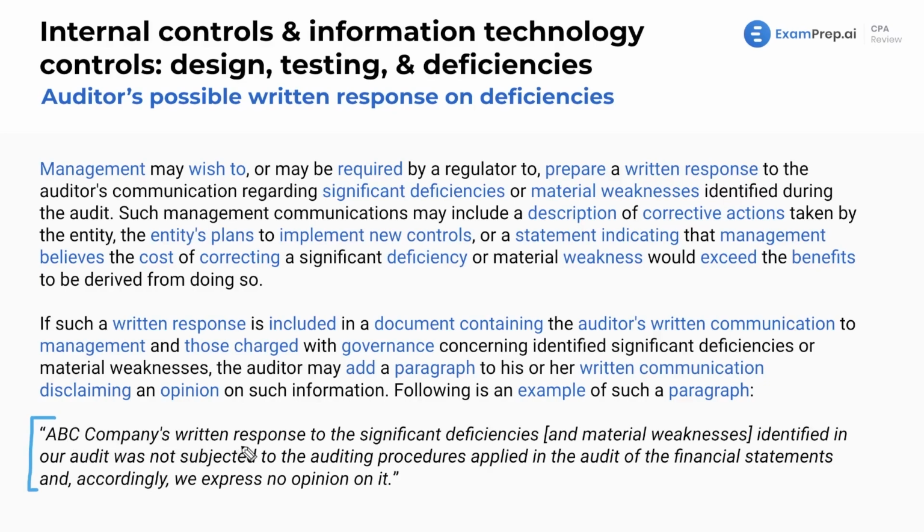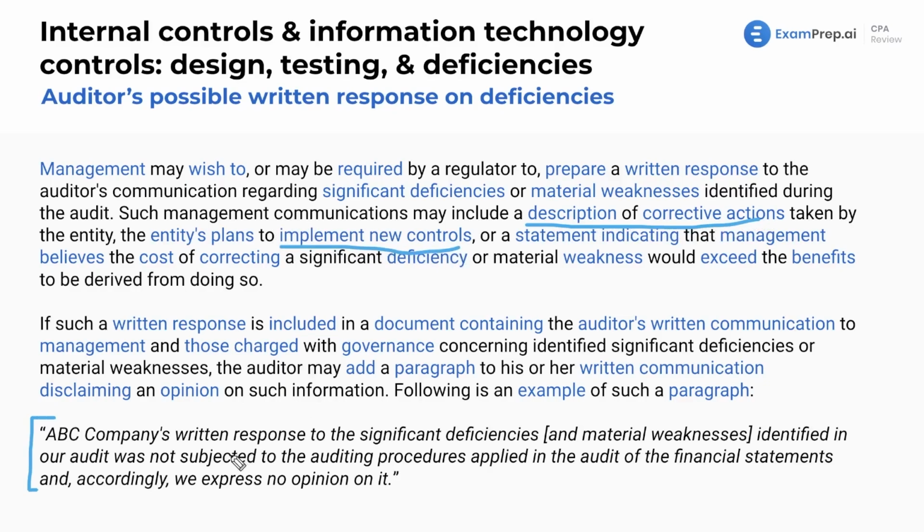ABC Company's written response to the significant deficiencies and weaknesses identified in our audit was not subjected to the auditing procedures applied in the audit of the financial statements. Because what's going on here is management saying, okay, this deficiency was acknowledged, we see it, and maybe, like we said here, we are taking corrective actions, we're implementing new controls.